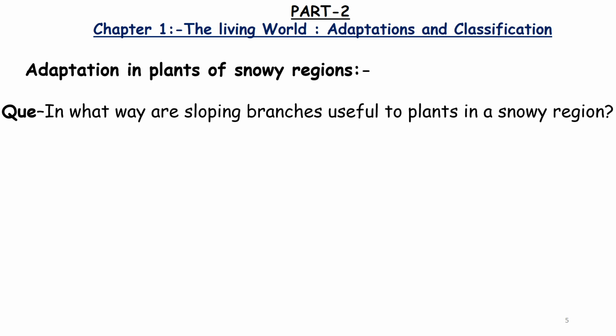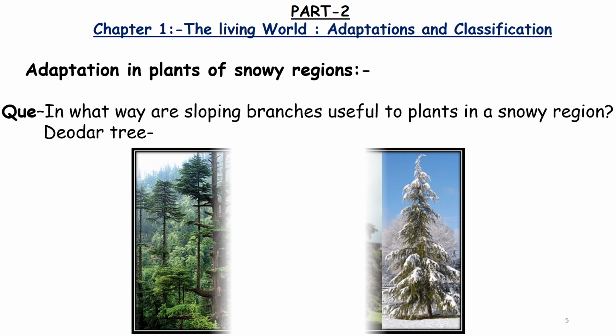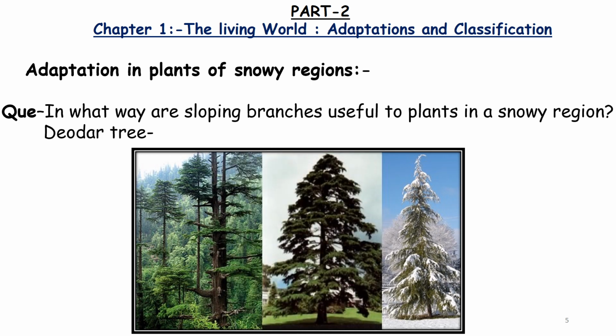Now, plants of snowy regions mainly include conifers like deodar and pine trees. As you can see the pictures of deodar and pine tree in the image. These trees are conical in shape. Conifers means the trees which are conical in shape. Yes?